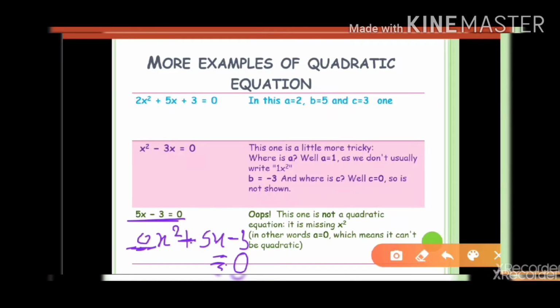We know the standard form of a quadratic equation is ax squared plus bx plus c equal to 0, where a is not equal to 0, and when a equal to 0, it becomes a linear equation. Therefore, this equation is not a quadratic equation because in this equation a equal to 0.